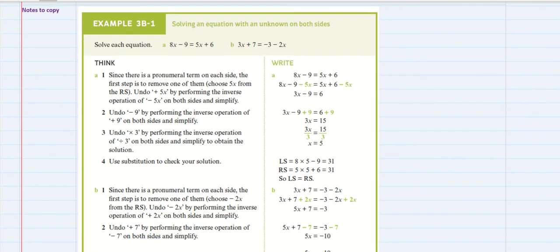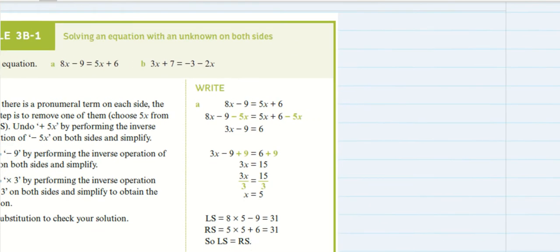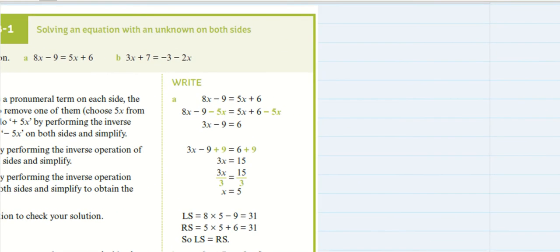Our first example is solving an equation with an unknown on both sides. We've got 8x take 9 equals 5x plus 6.